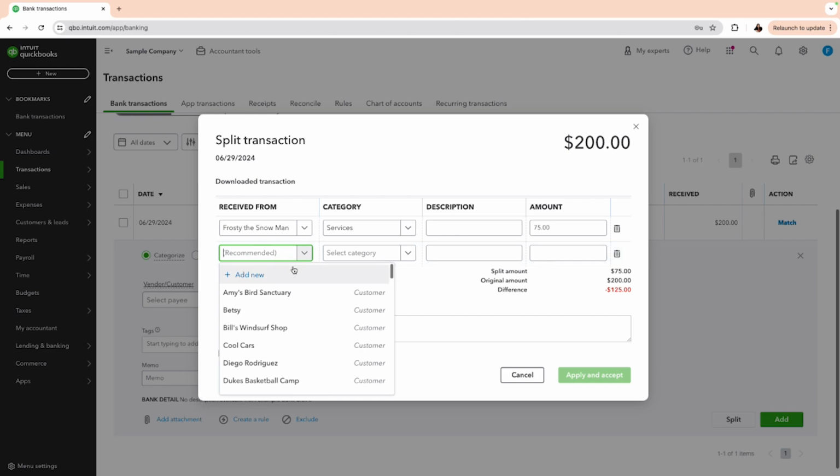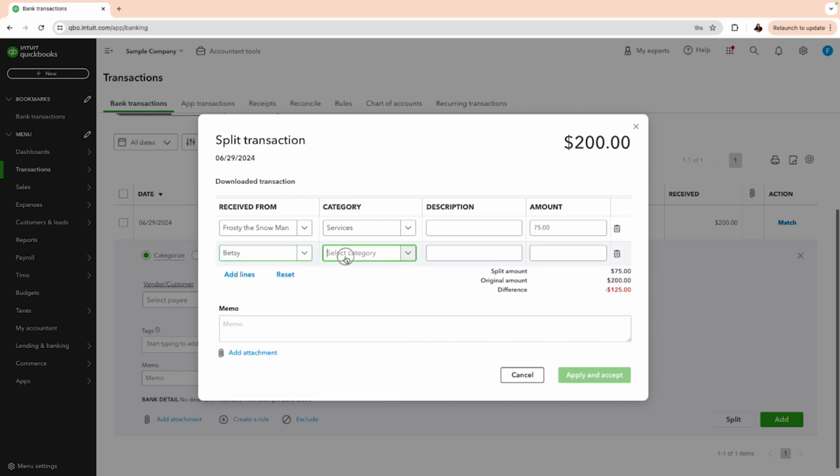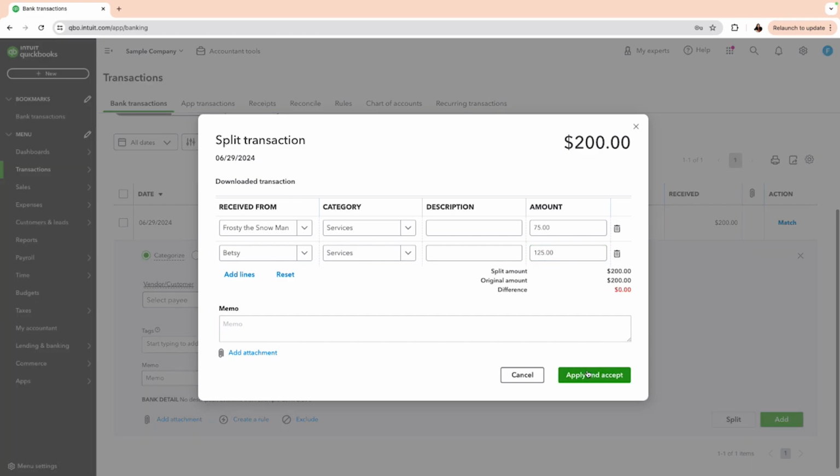And then we're going to record here the services. And let's suppose that there is services for somebody else. You're depositing another $100 from Betsy, let's say, and it's also services. And I still haven't taken the money out of Betsy's liability on the other side, but we will.